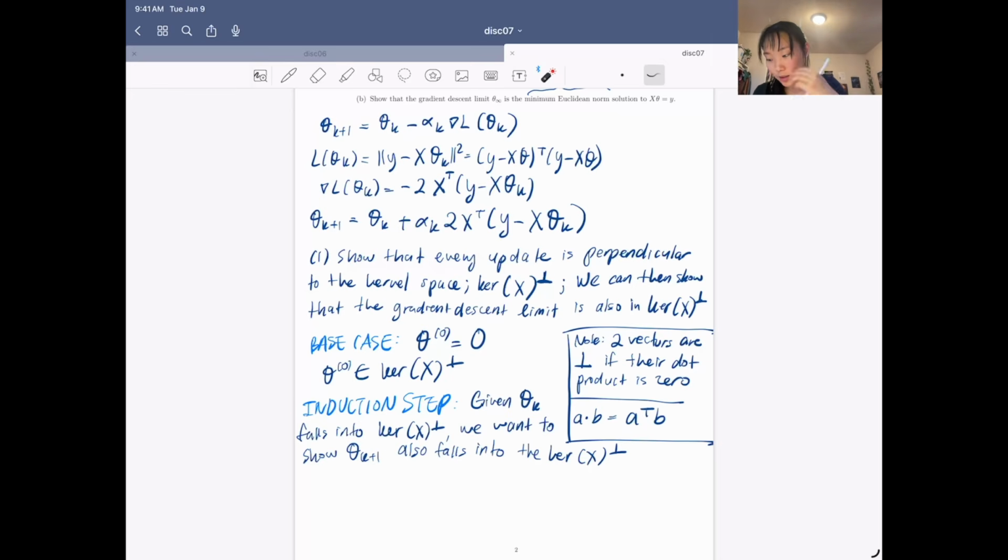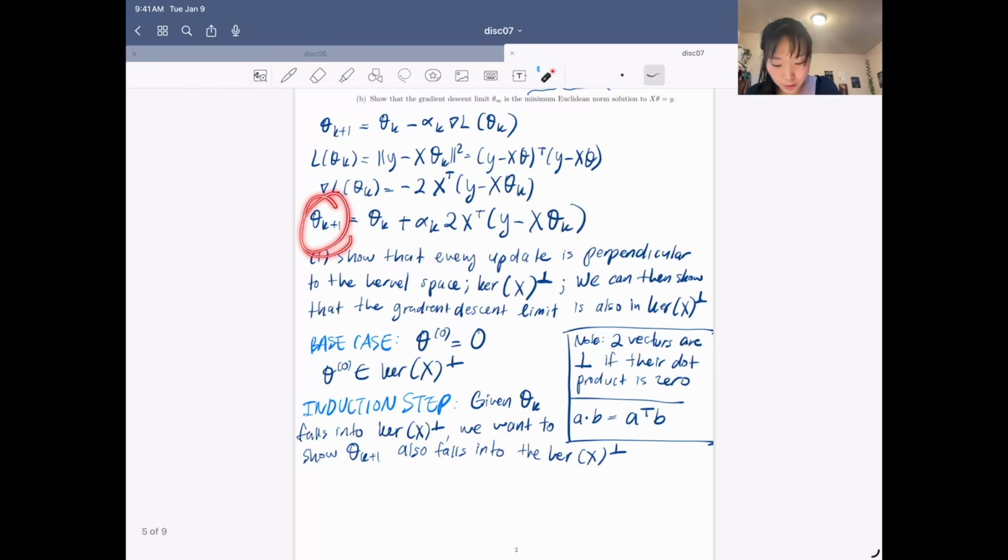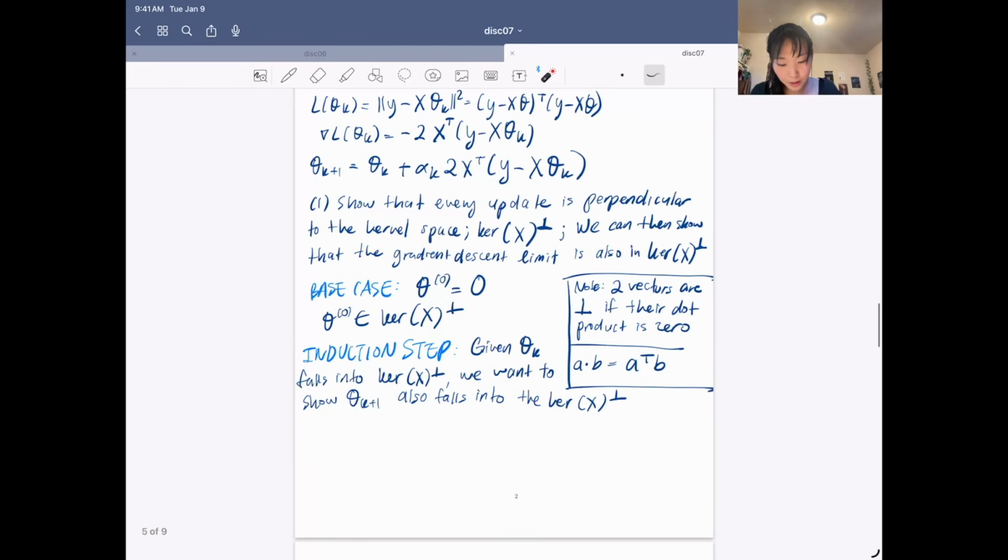That's one of the three properties we learned in Math 54 in the first few chapters. If you forgot, it's totally chill. Essentially, if we can show that this falls into the space perpendicular to the kernel space, and we already assume that theta k does, then we can show that theta k plus 1 also falls into the space perpendicular to the kernel space. So let's do that, right? Let's show that this falls into the space perpendicular to the kernel space.